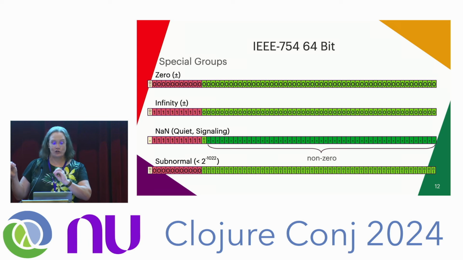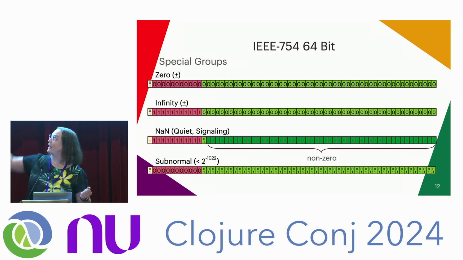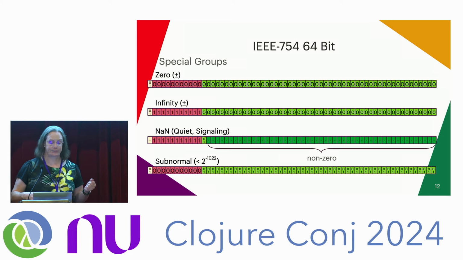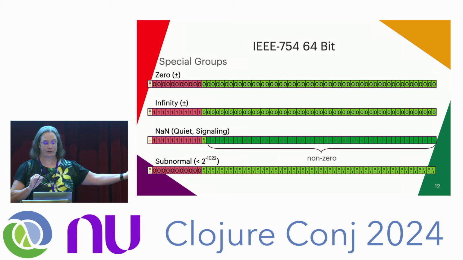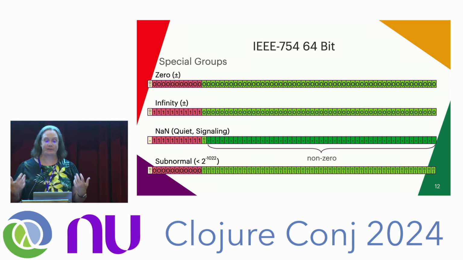If the exponential is all 1s, that means infinity. Again, we've got positive and negative. However, the mantissa has to be all zeros. As soon as a single bit in the mantissa is not a 0, then instead of representing infinity, it now represents not a number.